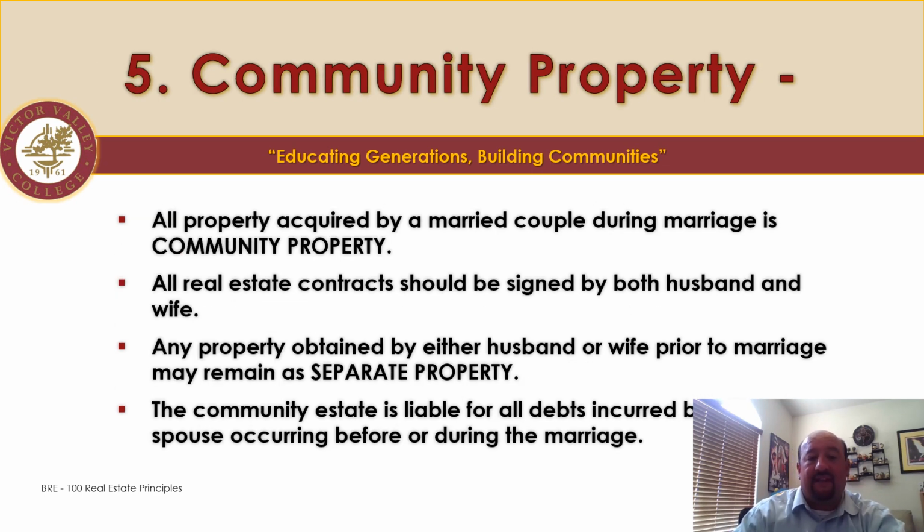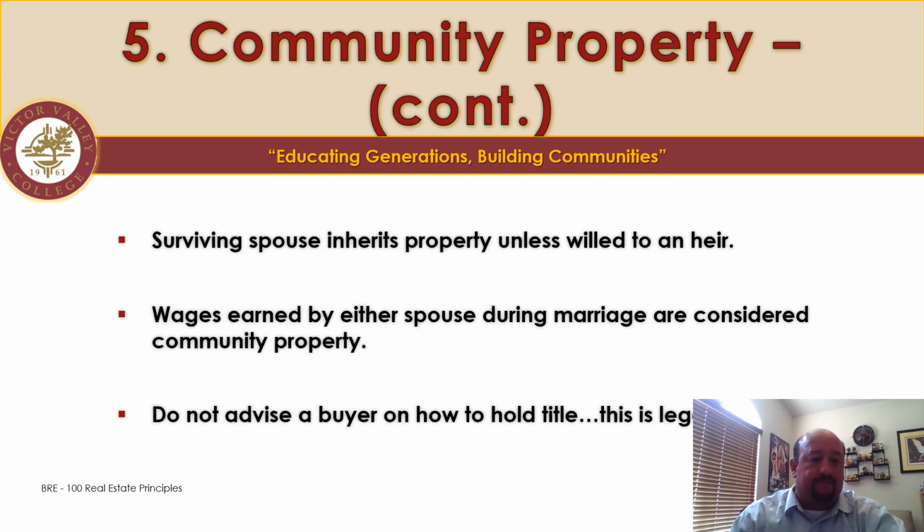Community property is a married term. So a married husband and wife can hold community property. The surviving spouse inherits property unless willed to an heir. And all wages earned by either spouse during marriage are considered community property.